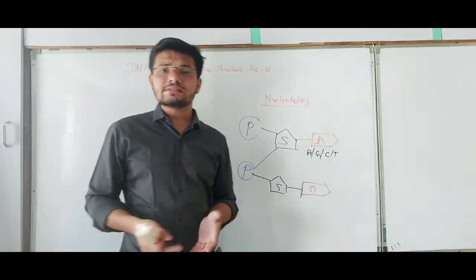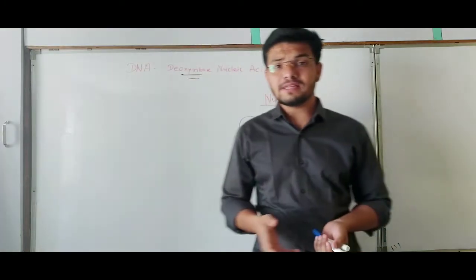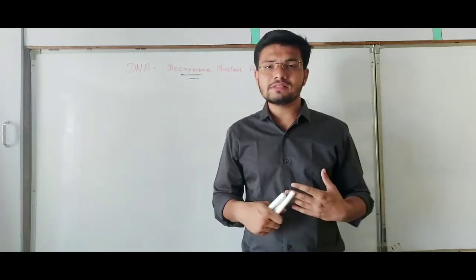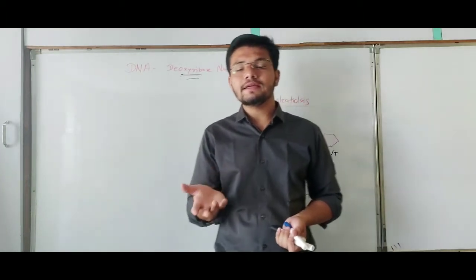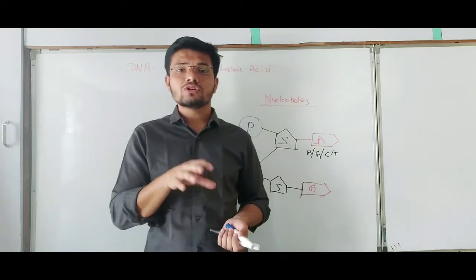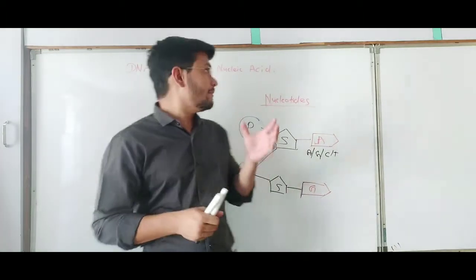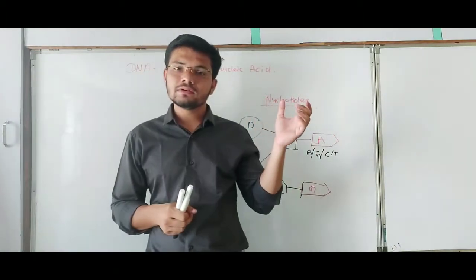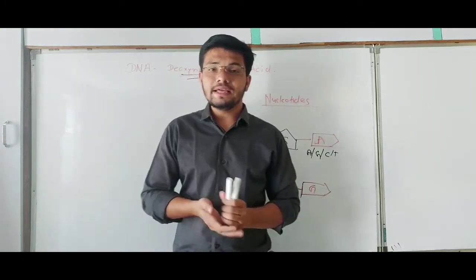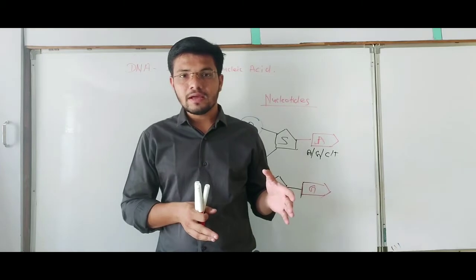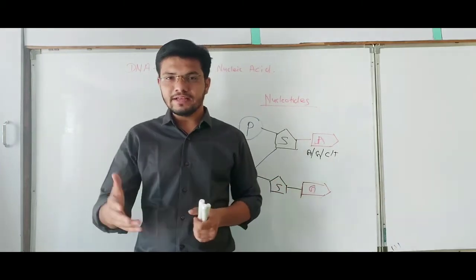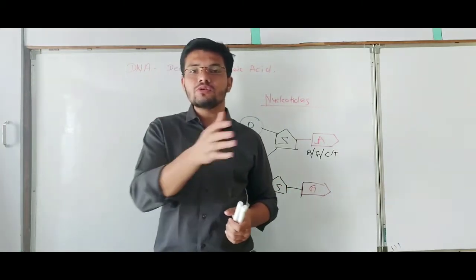And as DNA is present inside the nucleus in case of eukaryotic cells, and it was first found in the nucleus, that's why the name is nucleic, right? So DNA is made up of so many nucleotides, and as the name suggests, deoxyribose nucleic acid.